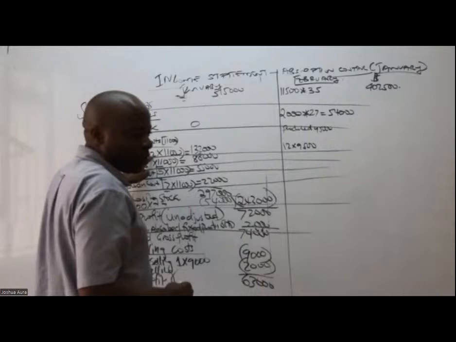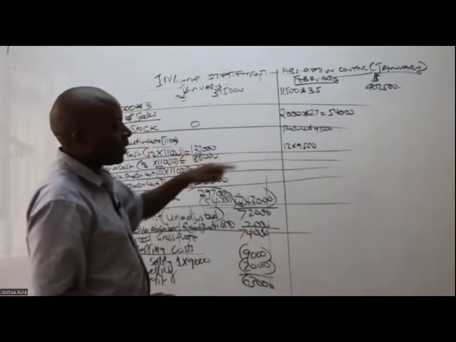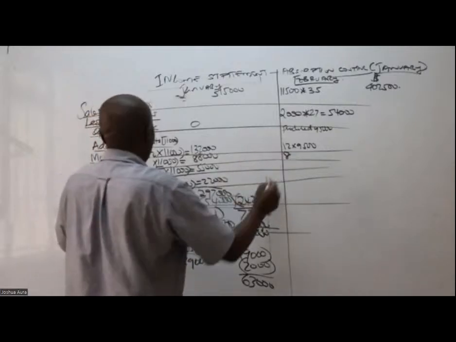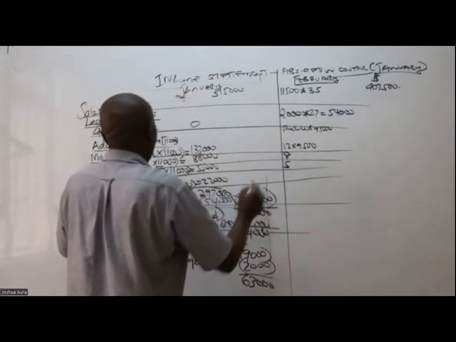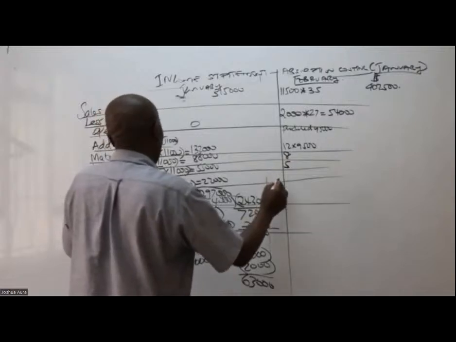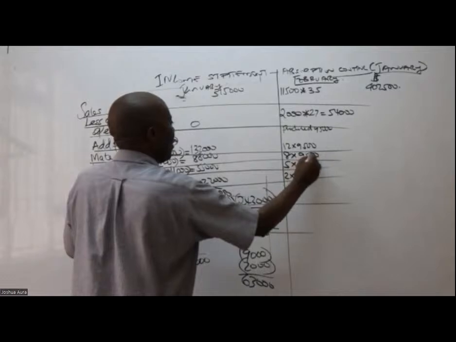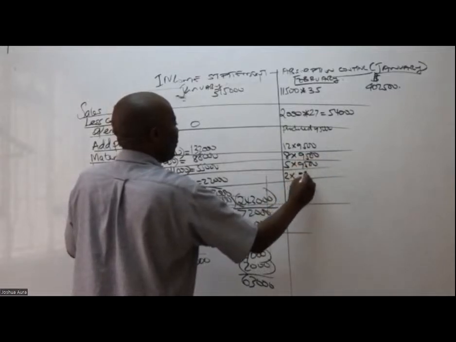All these things remain: material 8, variable overheads 5, production overhead 2. You're only changing the quantity here, 9,500.